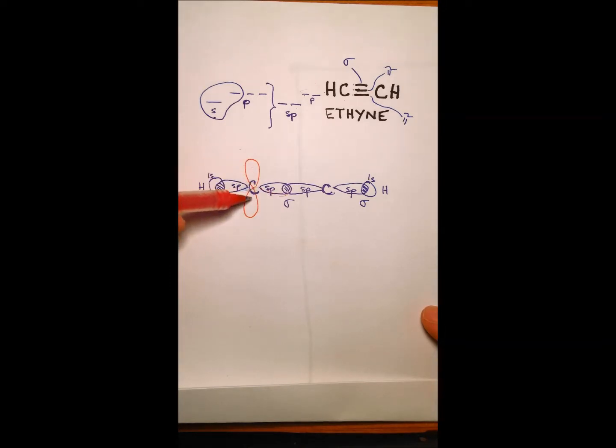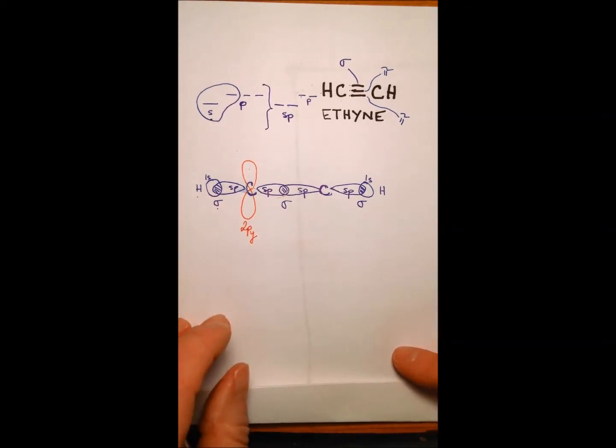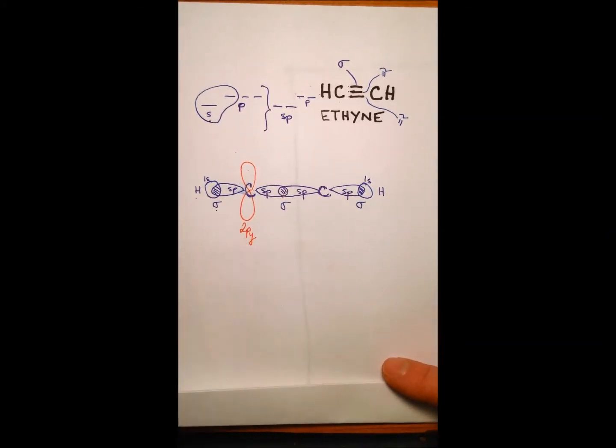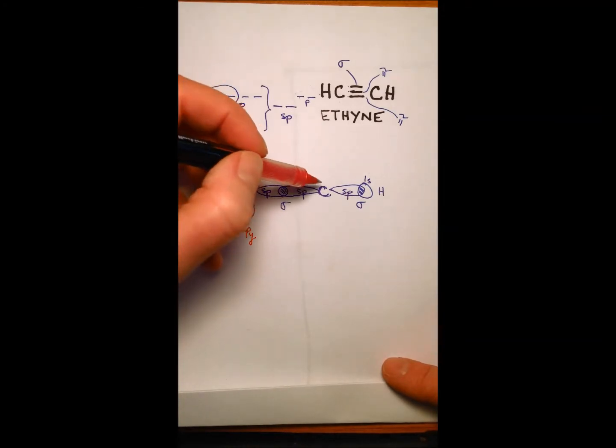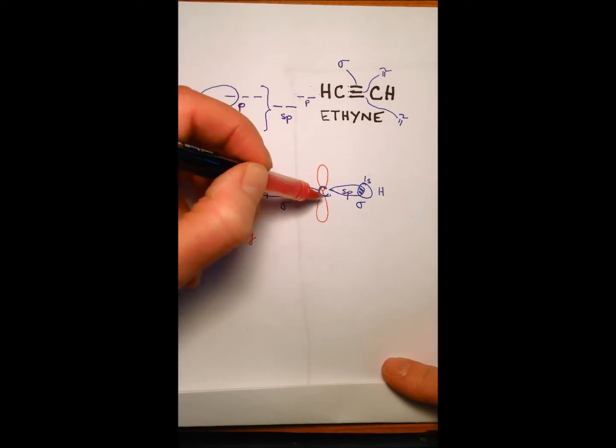Whereas when I draw a p orbital, this is one orbital, and this is my 2py. And it's the 2py because this is carbon, and carbon's valence electron configuration is in that second row too. And this carbon also has a 2py.